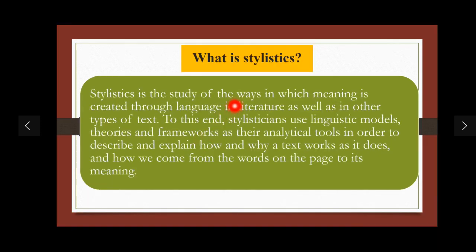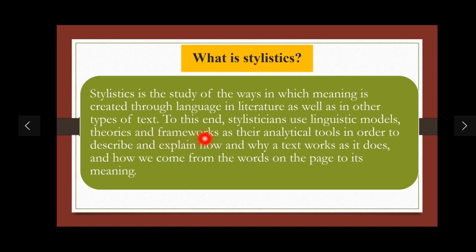One more definition: what is stylistics? Stylistics is the study of the way in which meaning is created through language, because all the time meanings are created through language. So we study stylistics in order to understand how meanings are created through language in a literary or non-literary text, in literature as well as in other types of texts.